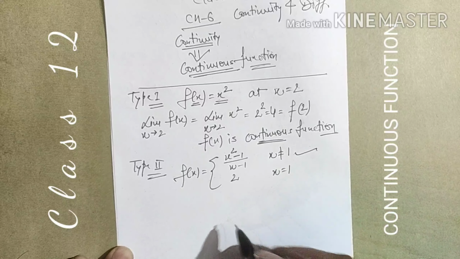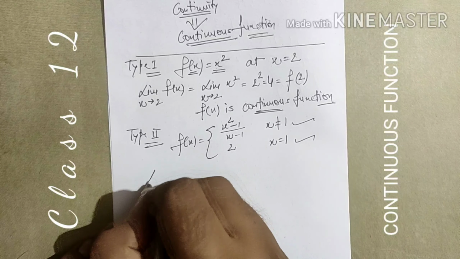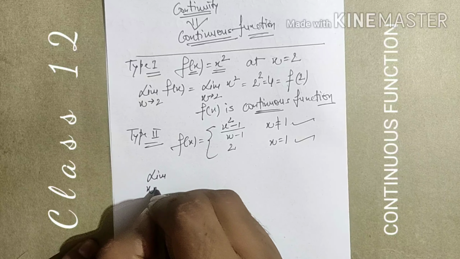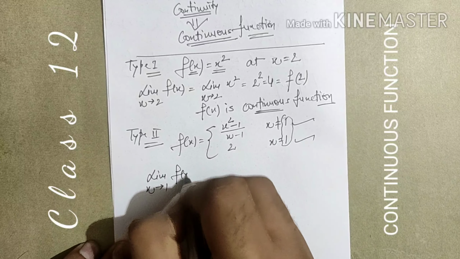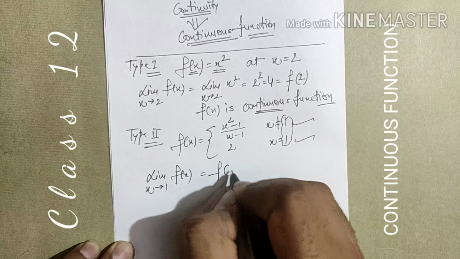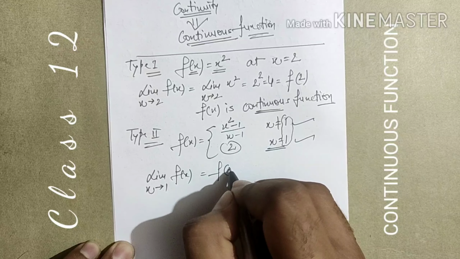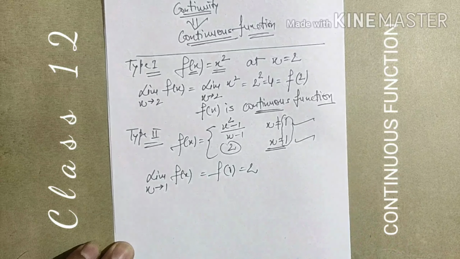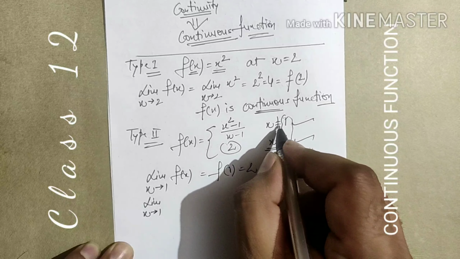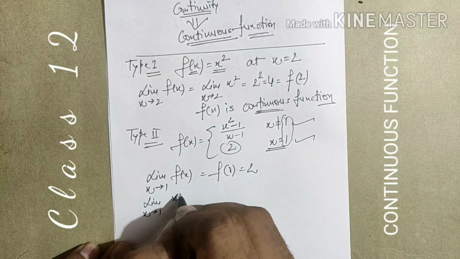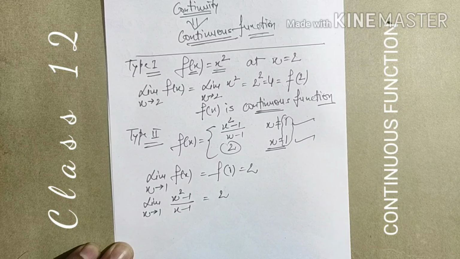When one variable part and another constant value is given, then we apply the direct limit, which is common here, to the variable part of the function, and we check whether it is equal to the given value, that is 2, or not. If we replace the value in this variable part only, x square minus 1 upon x minus 1, we have to check it should be 2.